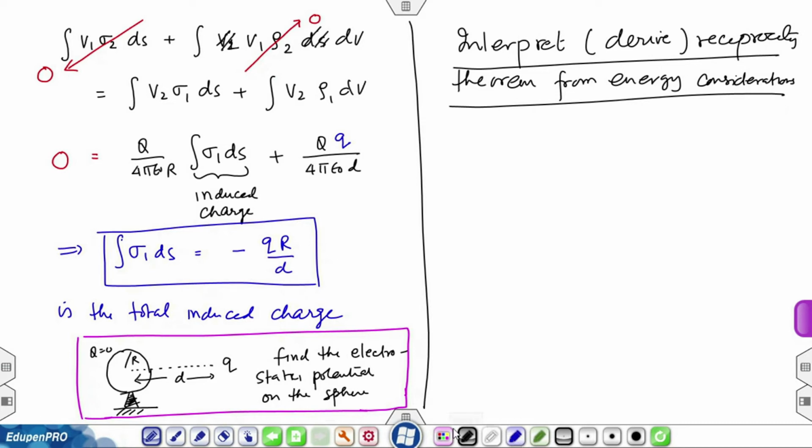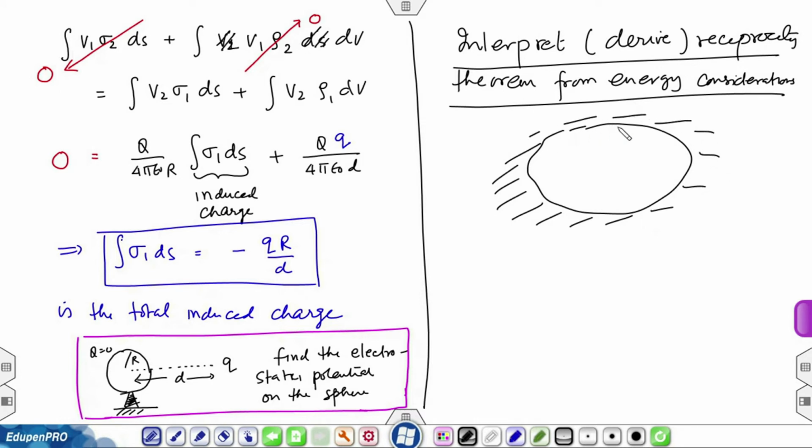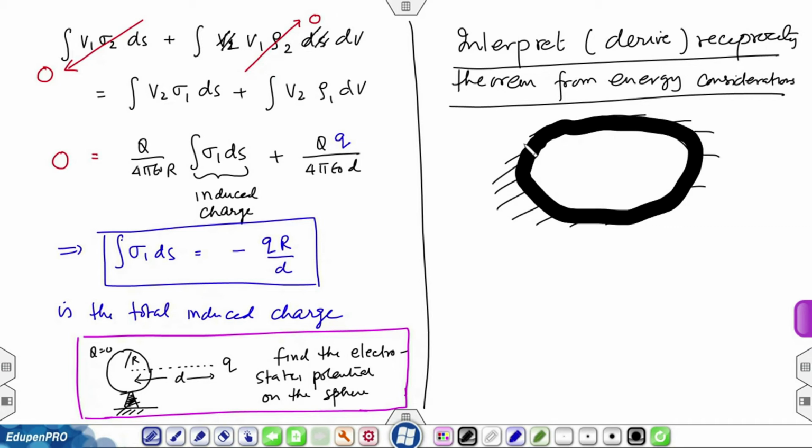So, given a volume inside a conductor. So, this is a thick conductor. Now that I know there is a thick one, so I can do that. There is a charge density rho1 inside, and there is some sigma1, and the potential all over is V1.